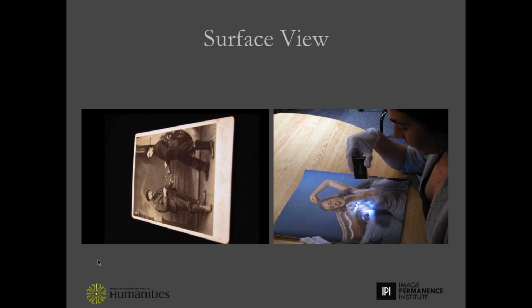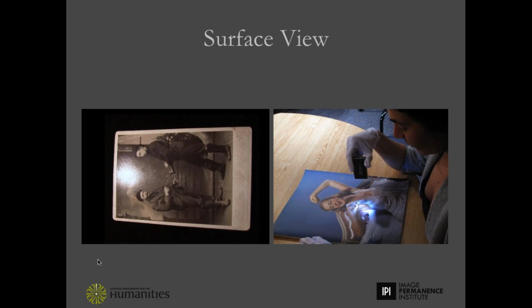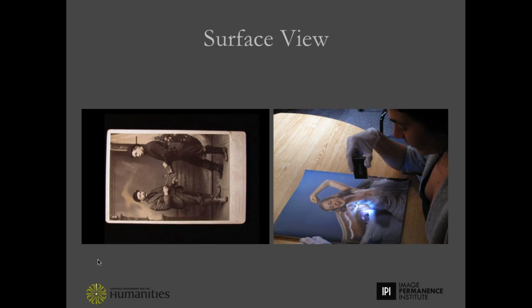So we're sort of tilting it underneath the overhead lights, if you will, to get the sense of what the surface sheen is. Or if you can't or don't want to handle the object, you can use a flashlight. Hold the flashlight about 4 inches above the print. Position yourself so you are looking straight down at the print from above, so your head is in line with the flashlight.